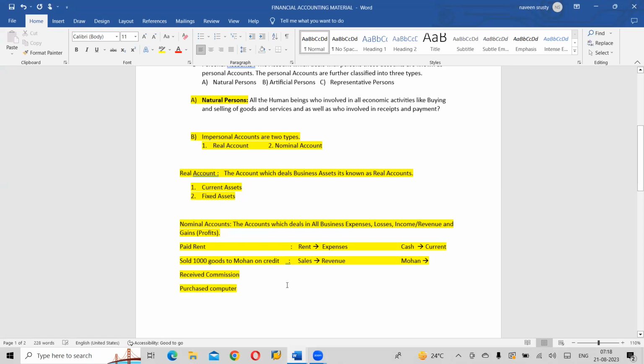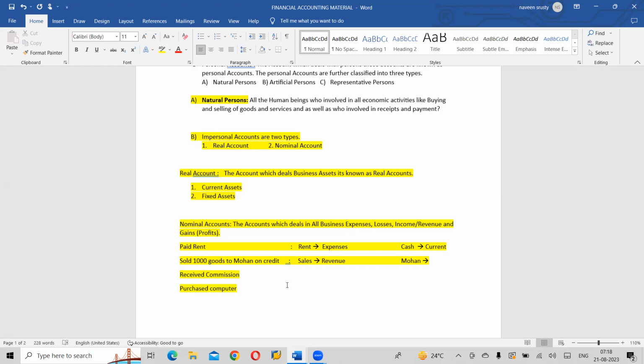He is a natural person, but here, does he need to pay us, or do we need to pay him? He needs to pay us. Someone who needs to pay us, we call them a debtor in our accounting concept, correct? Hope you know that.